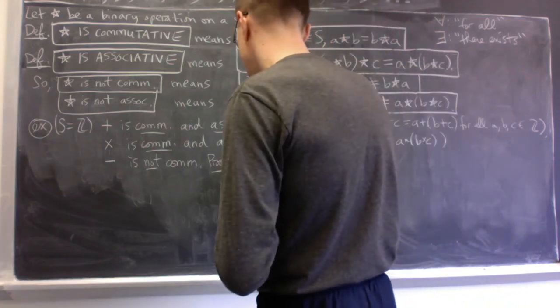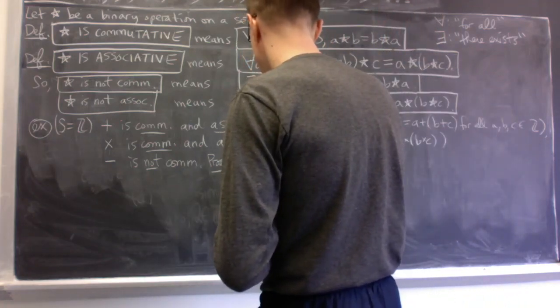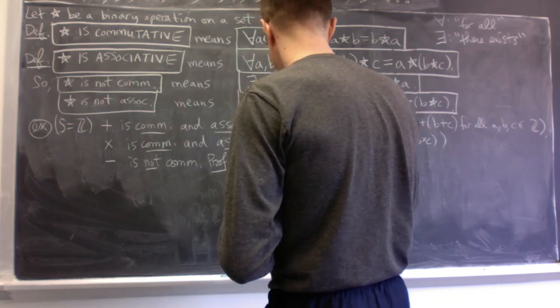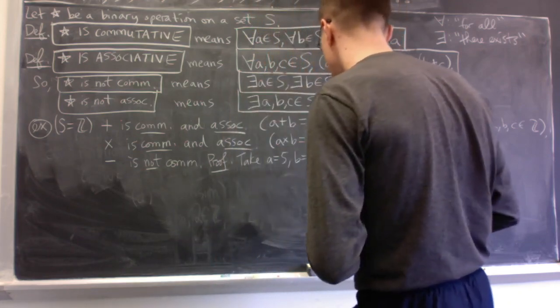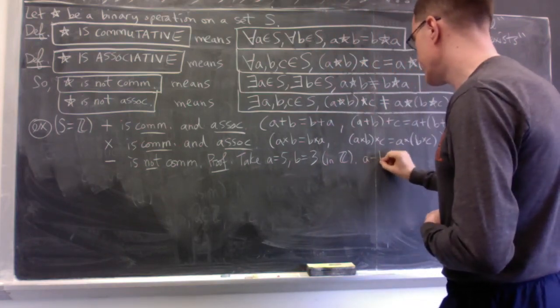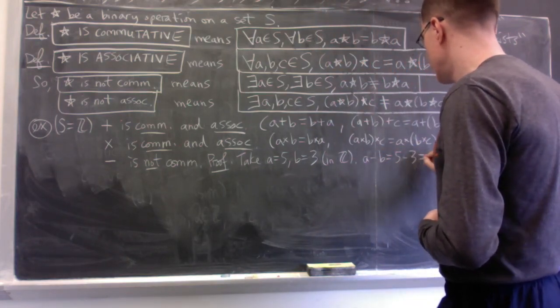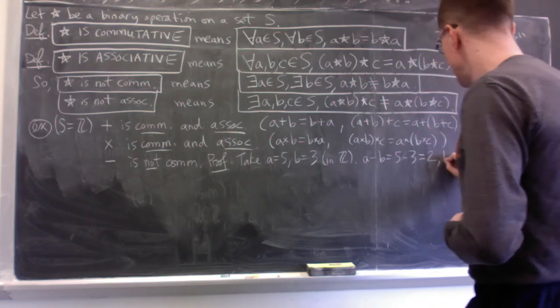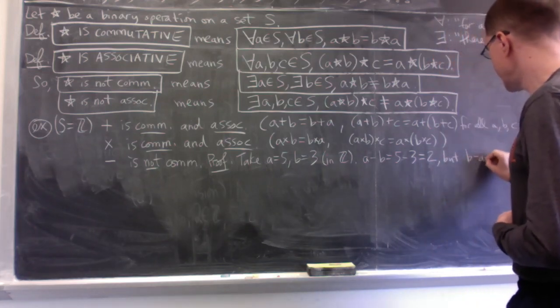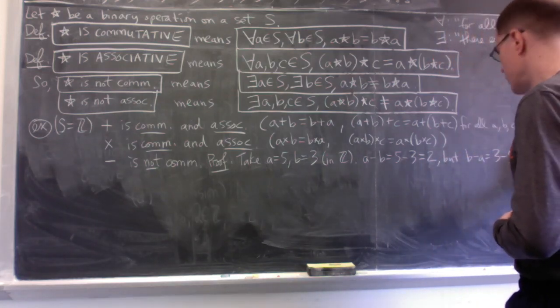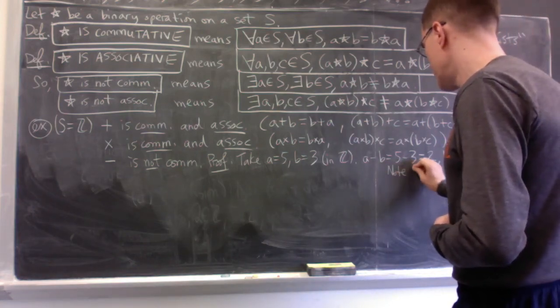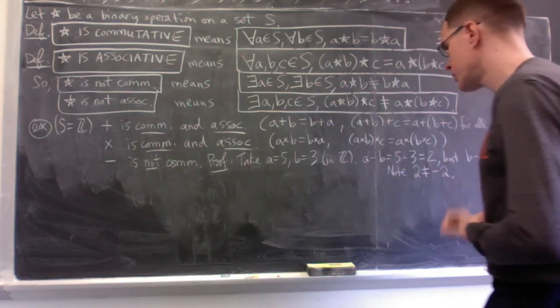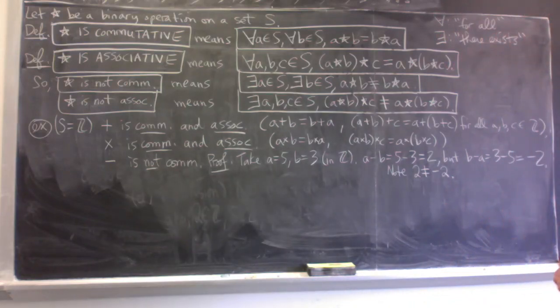So take, for instance, A equals 5 and B equals 3, which are in Z. Those are integers. And you look at A minus B, you get 2. But if you look at B minus A, you get negative 2. So you didn't get the same answer. Therefore, this is not commutative.